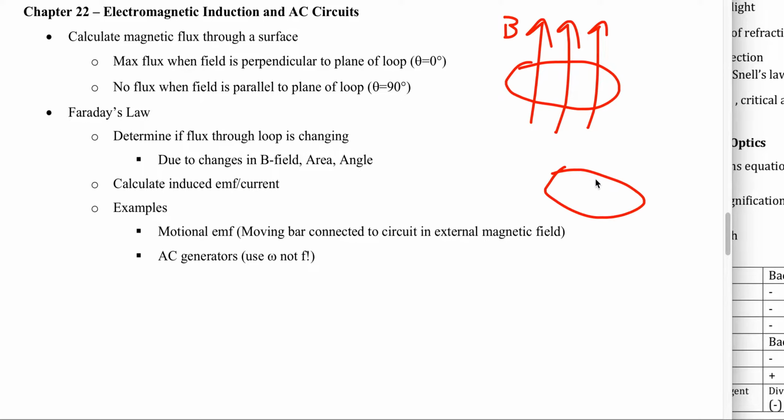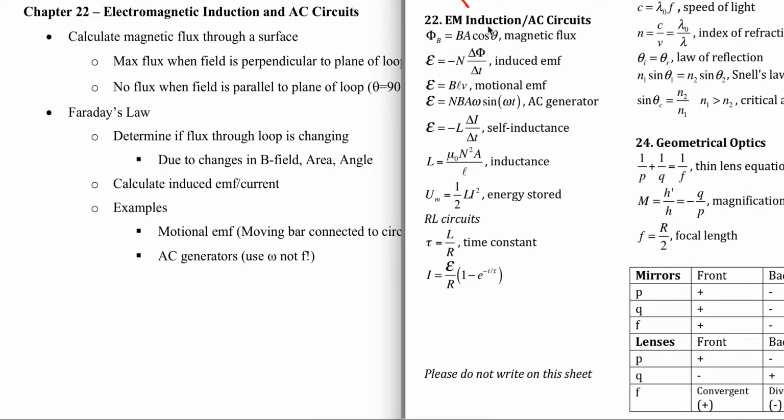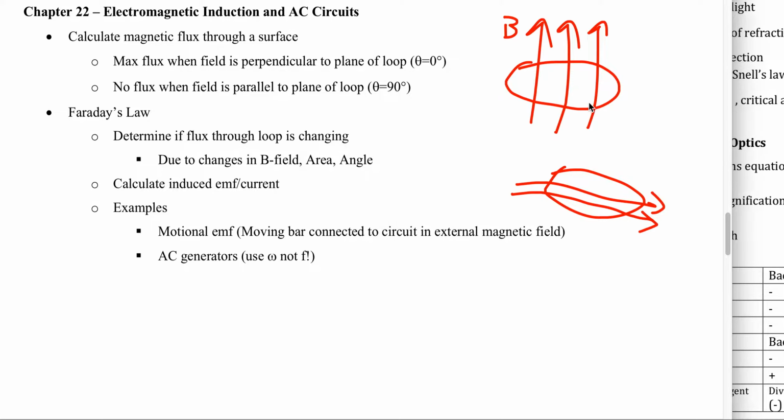If the magnetic field lines are not cutting through that loop, they're parallel, you have no flux. So the angle in this equation here is not the angle between B and A, it's the angle between B and the normal to the loop.